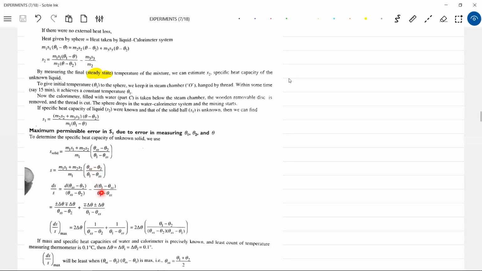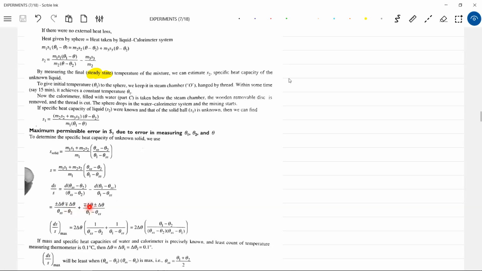So many errors are possible. Is it a random error or a systematic error? Anybody wants to share this? Is it a random error or systematic error? It's a random error. See, any instrument must have a random error.